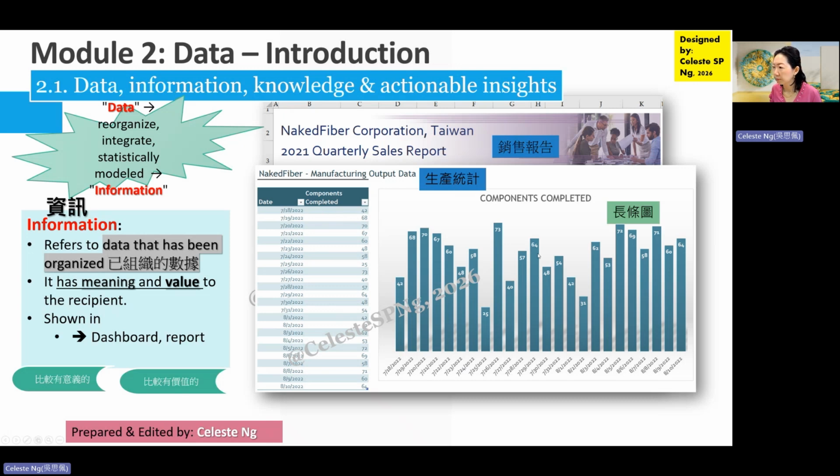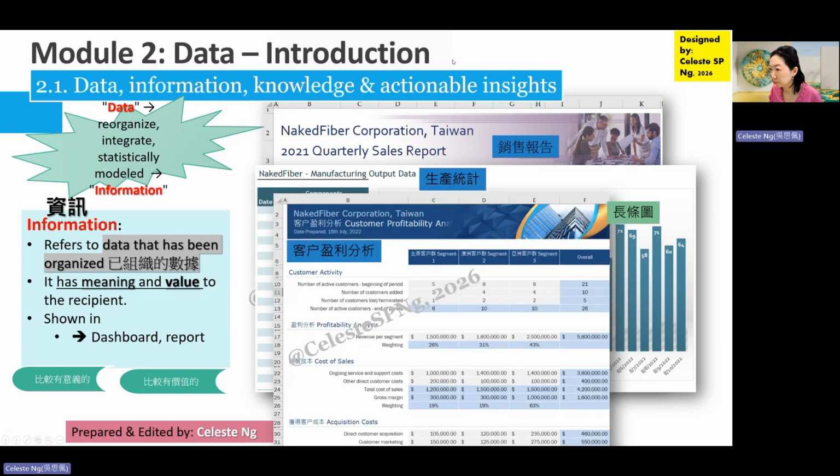If you look at the individual bar, it may still be data, but it can be considered information, because this data is collected over some period of time, and it shows us the pattern, based on the height of the bars.